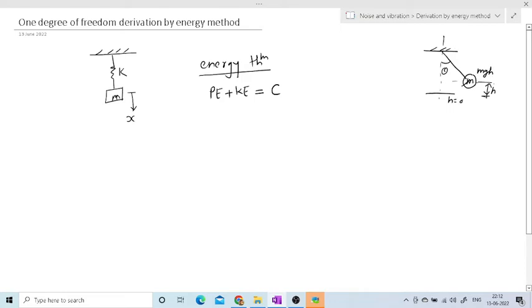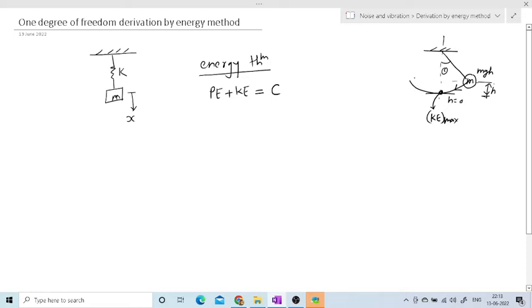Now when this mass moves along this path, this potential energy will be converted into kinetic energy. Here the total potential energy will be converted into kinetic energy. So at this point we will have maximum kinetic energy, because the potential energy will become 0, as this is the datum point.